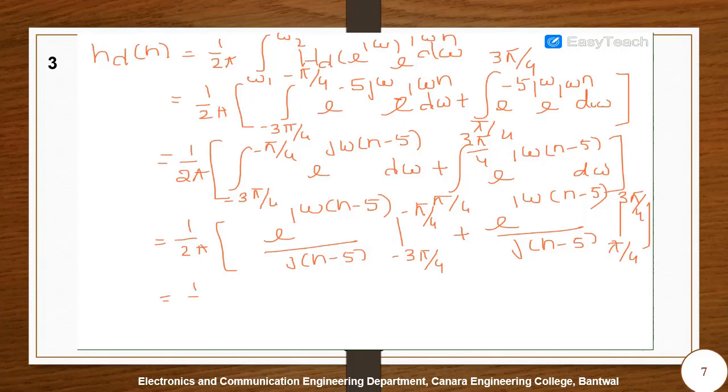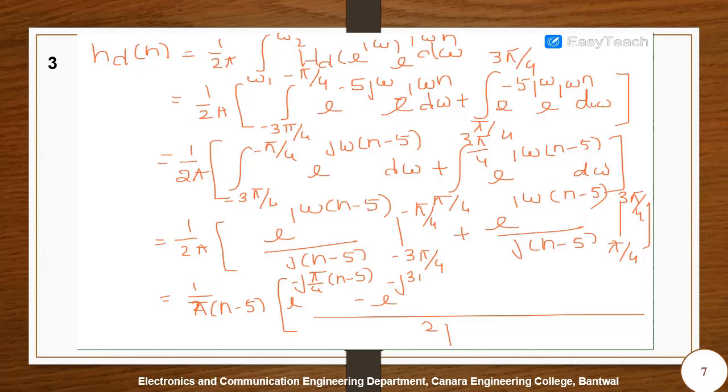So it is 1 over pi (n minus 5) divided by 2j, e to the power minus j pi by 4 (n minus 5) minus e to the power minus j 3 pi by 4 (n minus 5) plus e to the power j 3 pi by 4 (n minus 5) minus e to the power j pi by 4 (n minus 5).